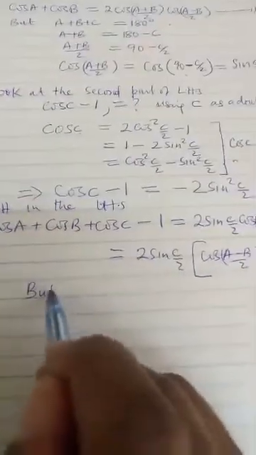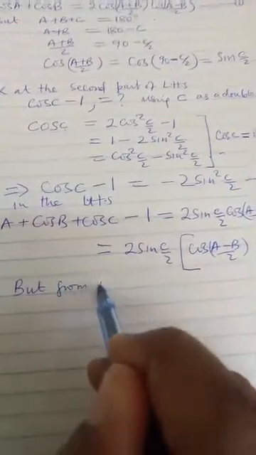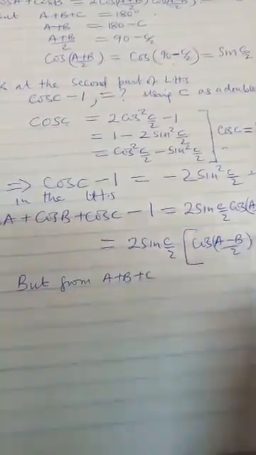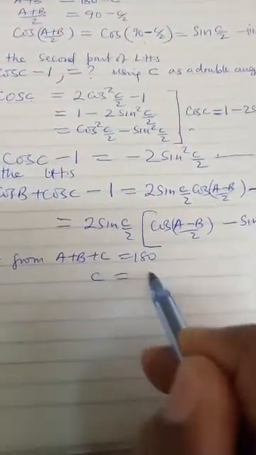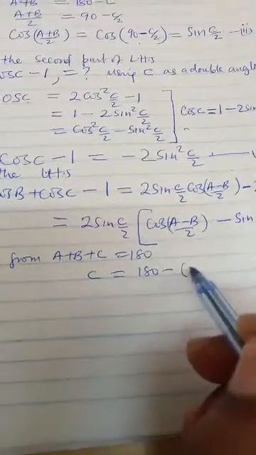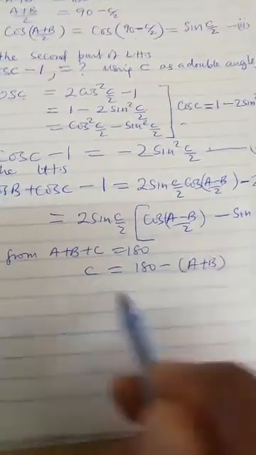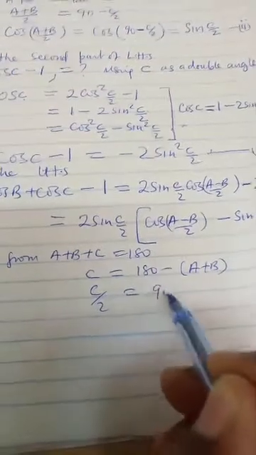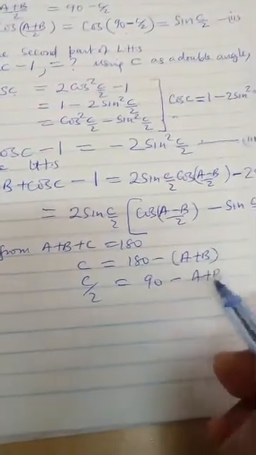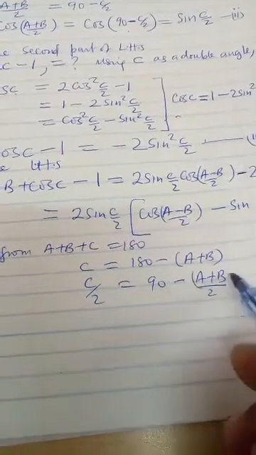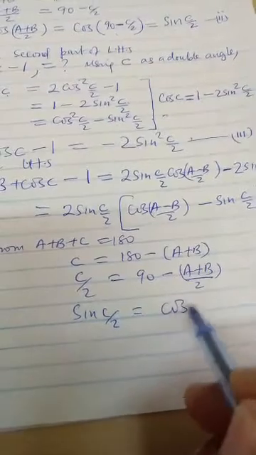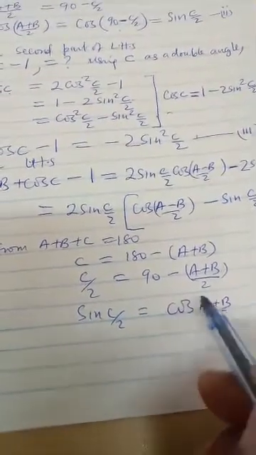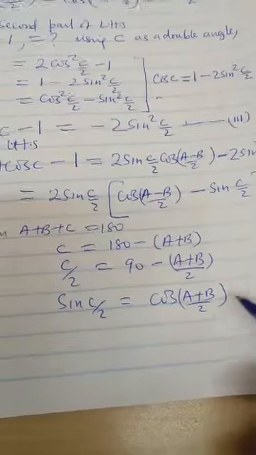From A plus B plus C equal to 180, our C is 180 minus A plus B, and our C over 2 will definitely be 90 minus A plus B over 2. So our sine C over 2 is going to be the same as cos of A plus B over 2. So we can substitute for sine C here.